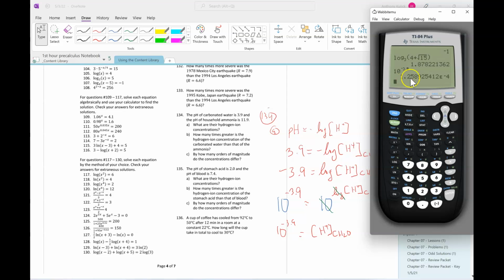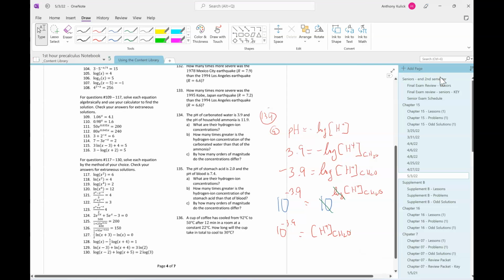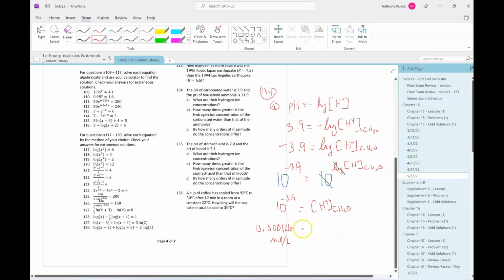So I get 1.26 times 10 to the -4th, or I could write it as 3 zeros and then my 1.26. And the unit here is in molarity, which is moles per liter.